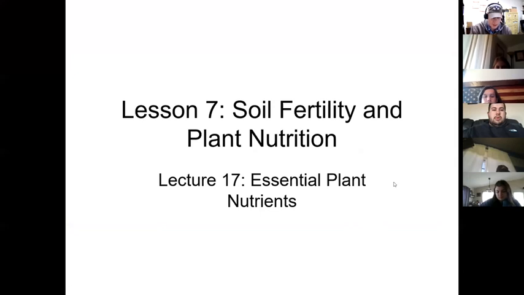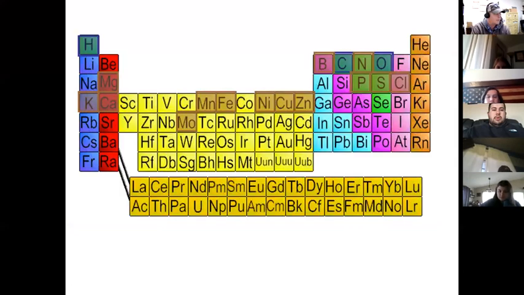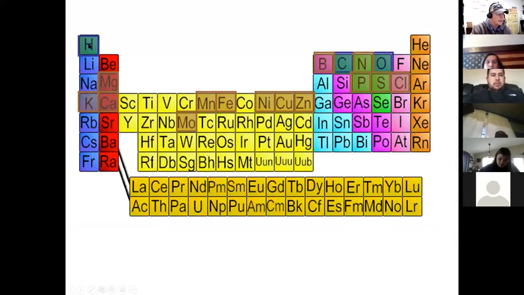And essential plant nutrients, okay? So these are ones that you want to commit to memory. They are hydrogen, and as we move across the periodic table, boron, carbon, nitrogen, oxygen, and then magnesium, phosphorus, sulfur, chloride. Actually, that's not chloride, is it?